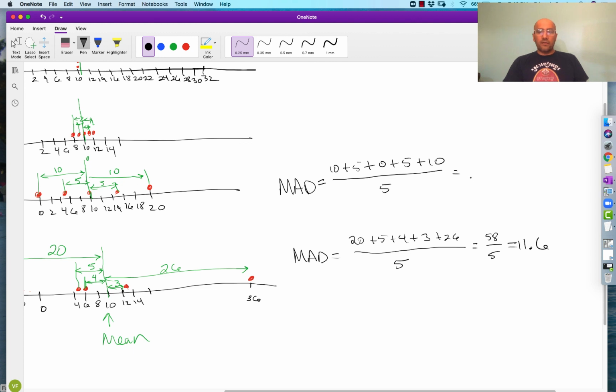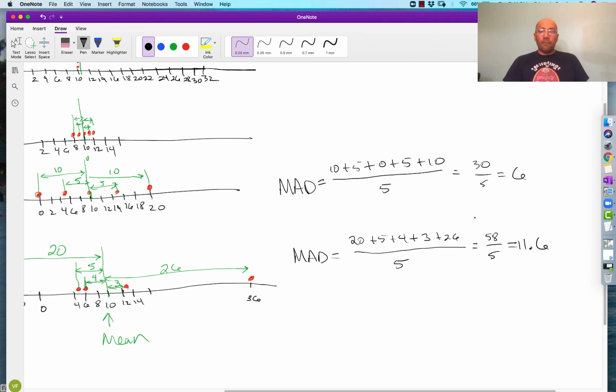So we'll get 10, 20, 30 divided by 5, which is equal to 6. So the MAD score for this distribution is a 6. Right? A way to interpret the 6 would be to say that on average, the individual values in the set are about 6 units away from their own mean, which in this case is a 10.